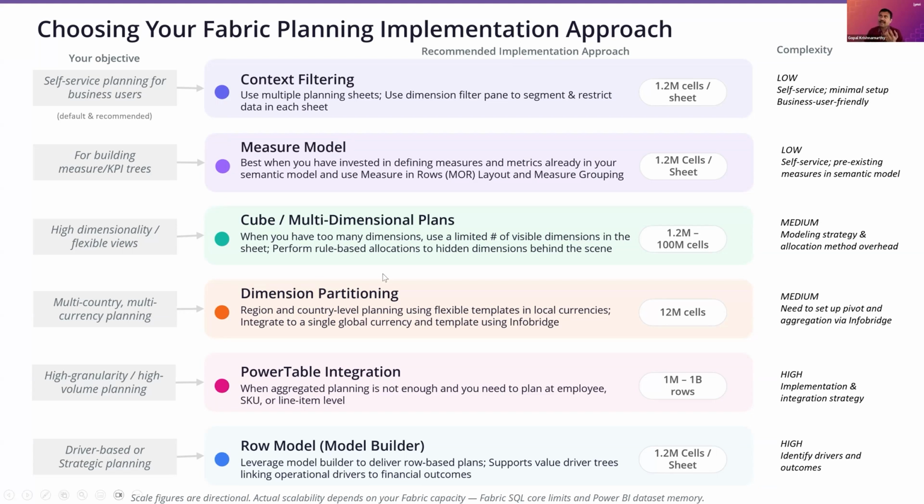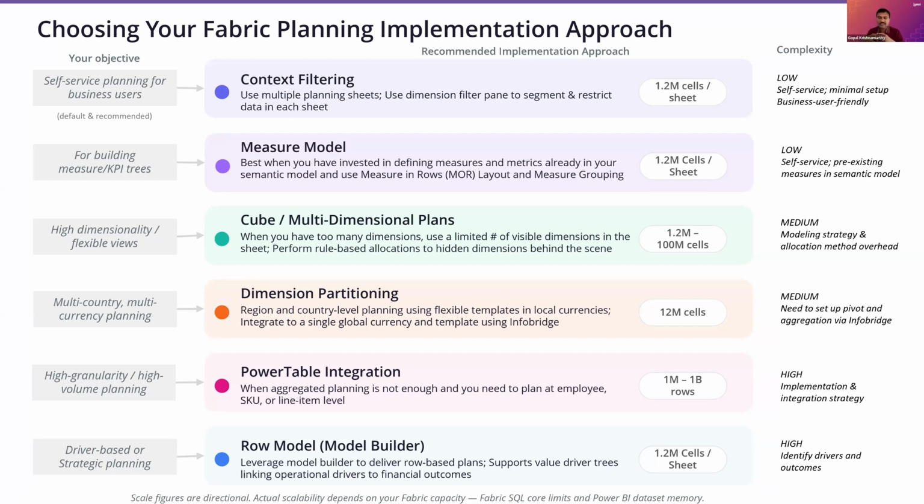Now, it's nothing but an extension of the first method, but you can have a lot of sheets, and then we give you a way to bridge and transform and do a consolidation. Think of it as a consolidation level. The PowerTable, which basically is integrated to the planning sheet, it is integrated to the intelligence sheet.